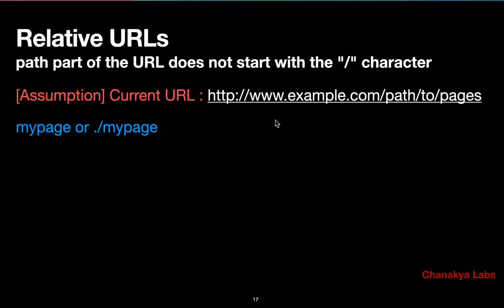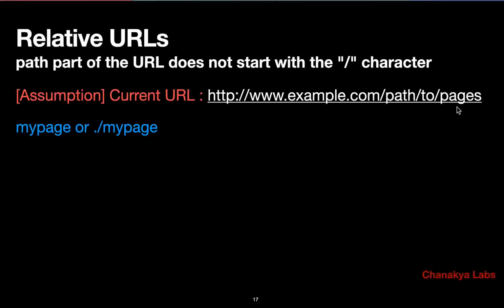When I'm at this page, you can understand that inside the root there is a path folder, then a to folder, and then the pages. We know that exactly this path might exist for static web servers, but for dynamic web servers, exactly this path might not exist.